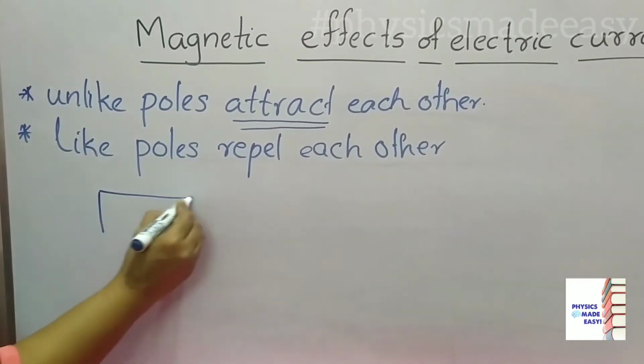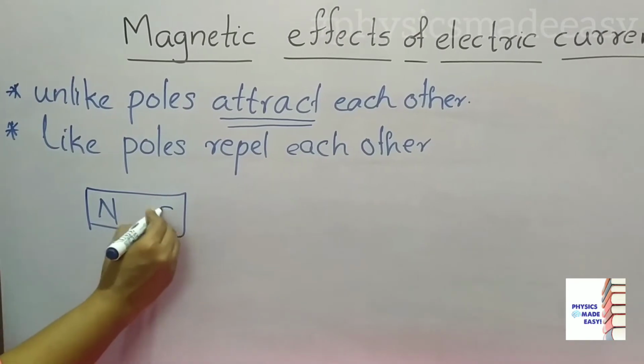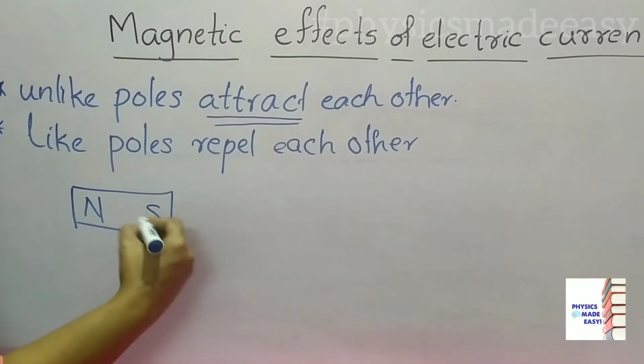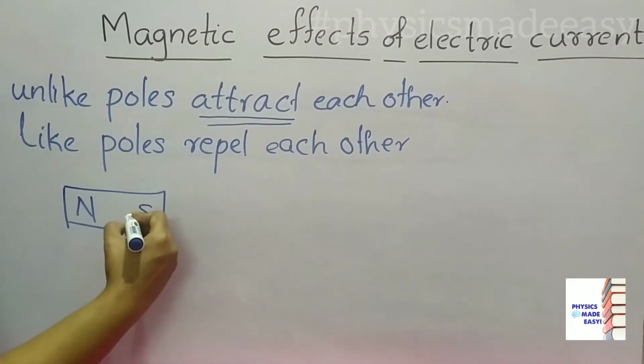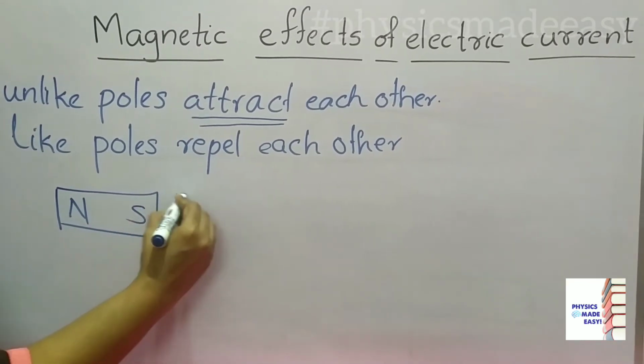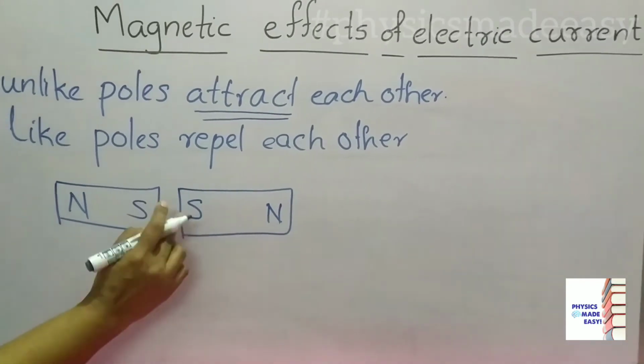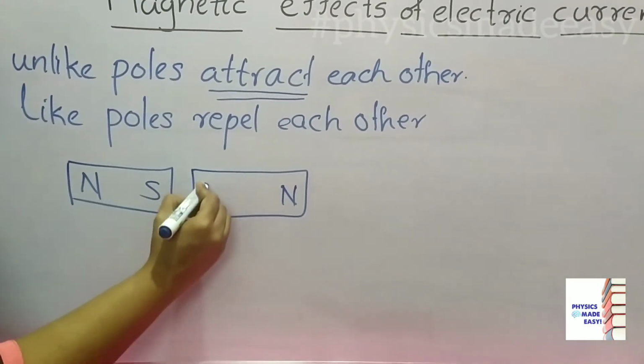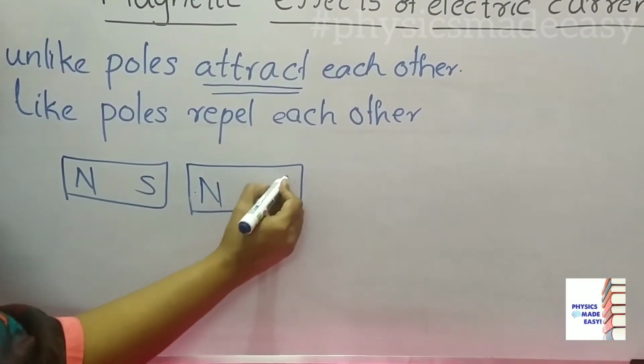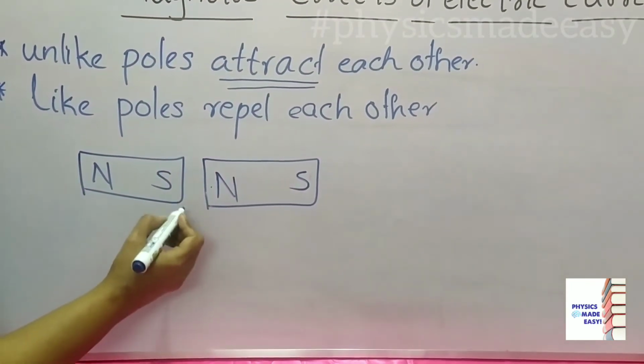We have two magnets, north pole and south pole. If you are keeping another magnet near to this magnet like this, here you can see south pole and north pole. Here what will happen?